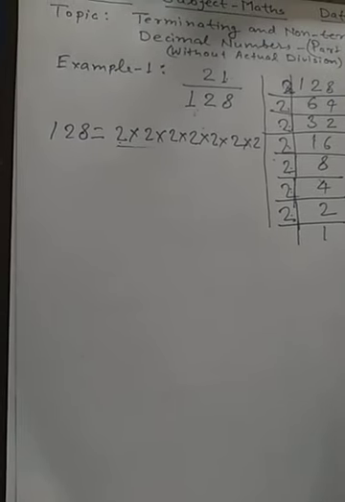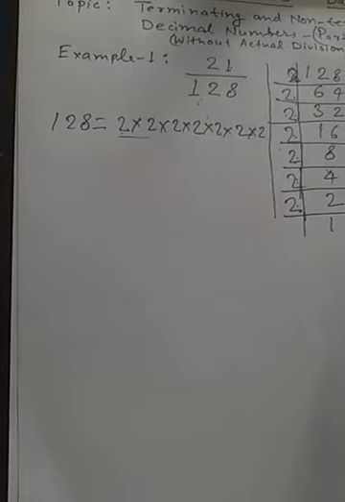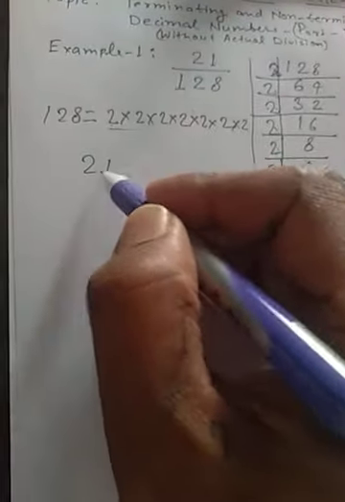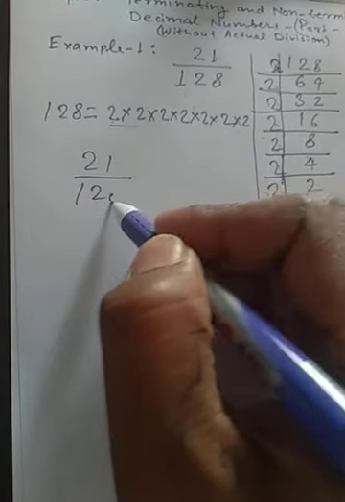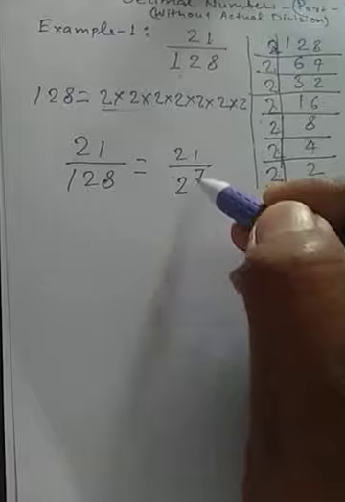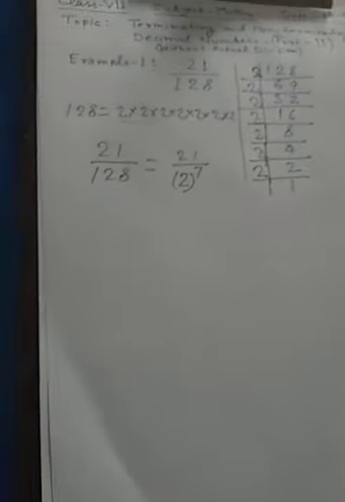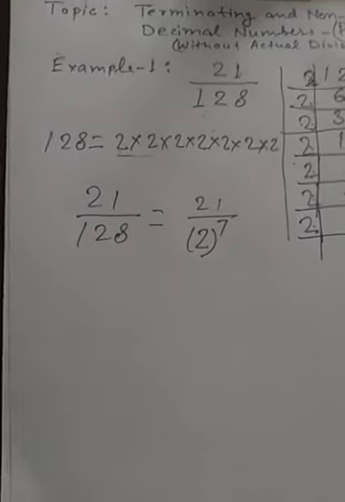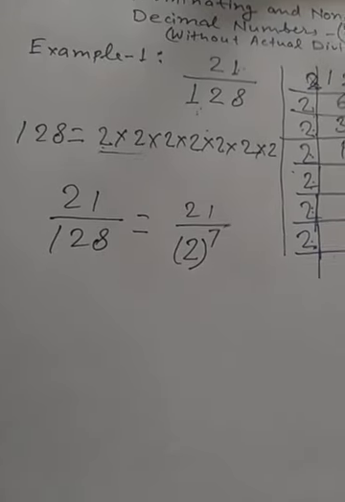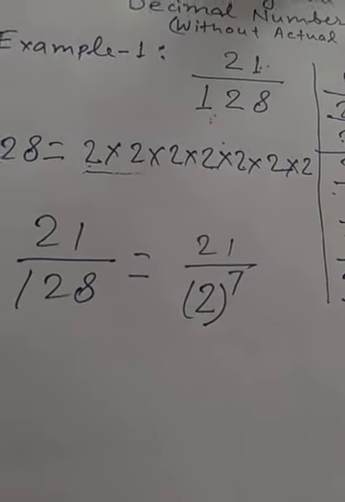Here you can see in the denominator there is nothing other than 2. So we can write 21 by 128 as 21 by 2 to the power 7. Students, this is a rational number in which the prime factorization of the denominator has only 2 as the prime number.